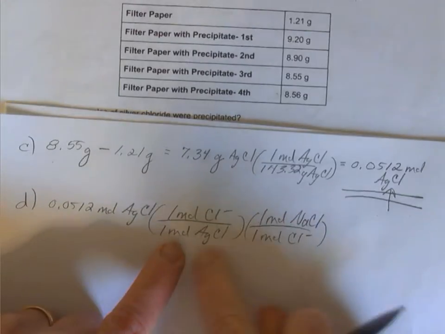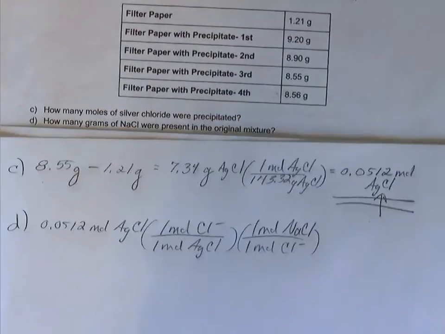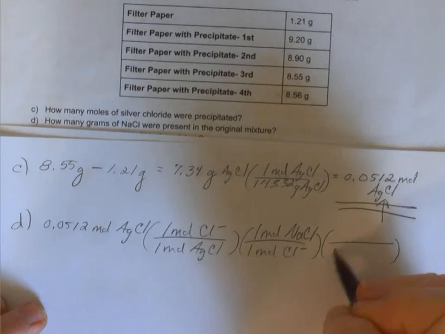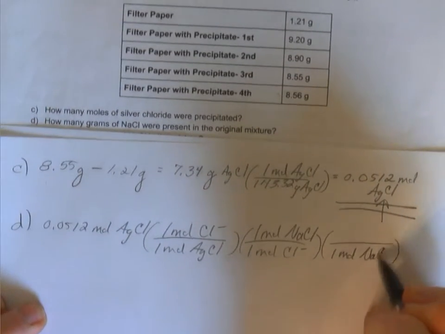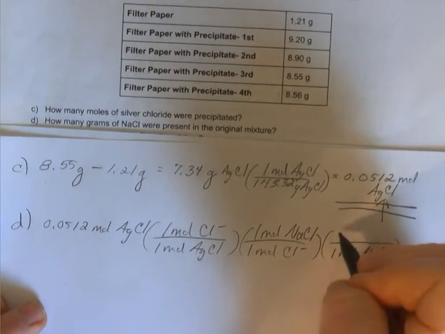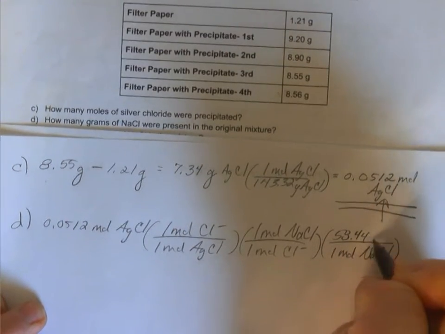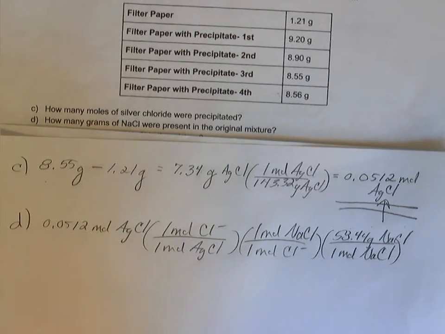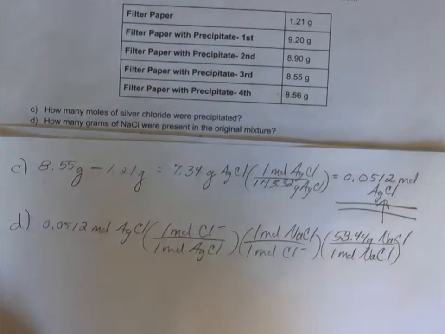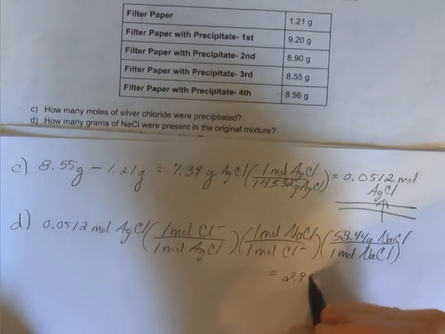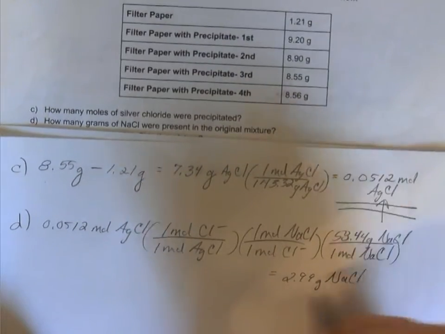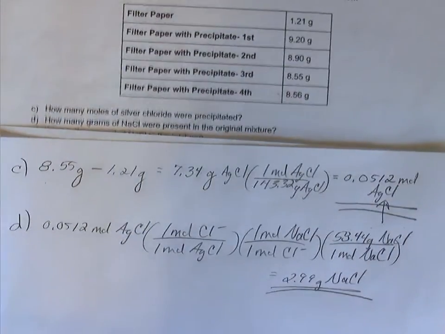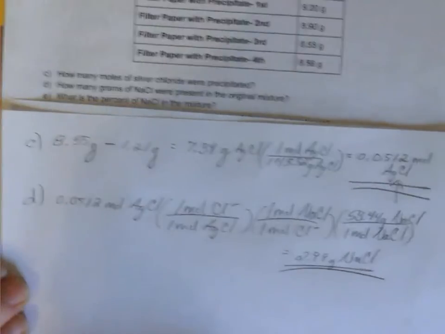If you just had these on top of each other, you would earn the credit, of course. And then we have to get ourselves to mass, which sodium chloride, of course, is 58.44 grams. Let me just double check my math. And 2.99 grams of sodium chloride. Okay, what is the percent of sodium chloride in the mixture?